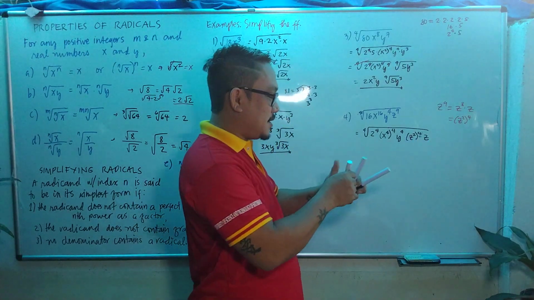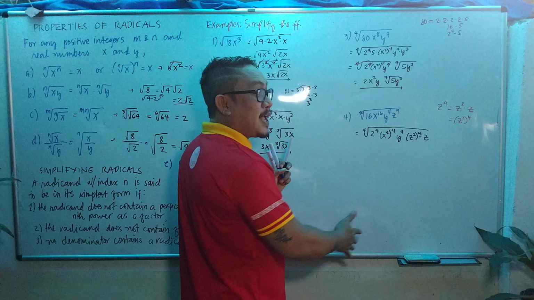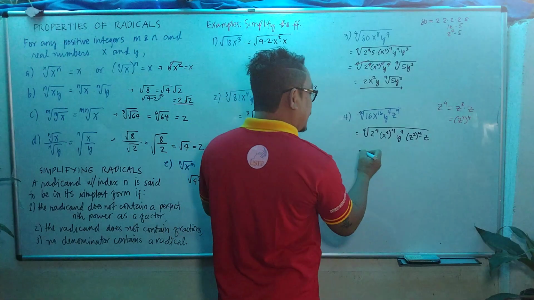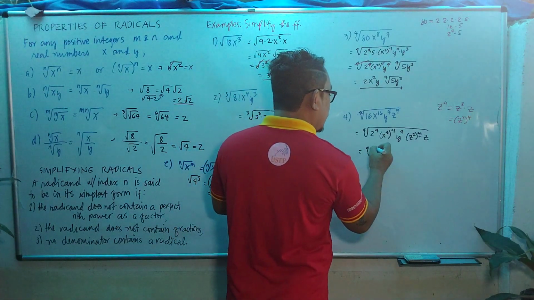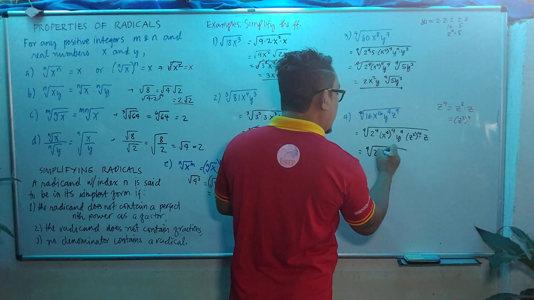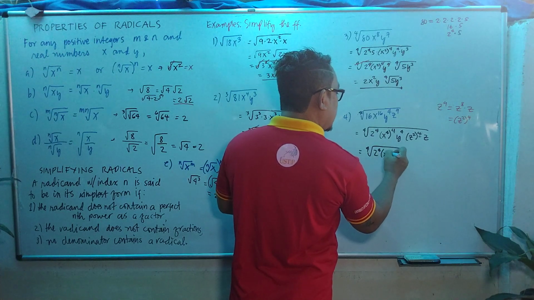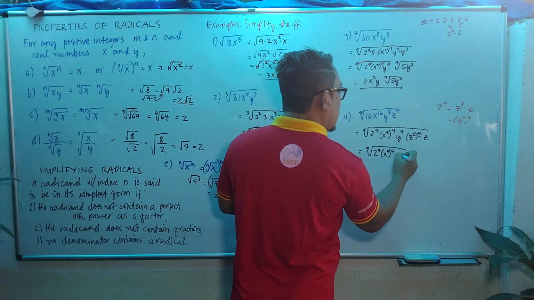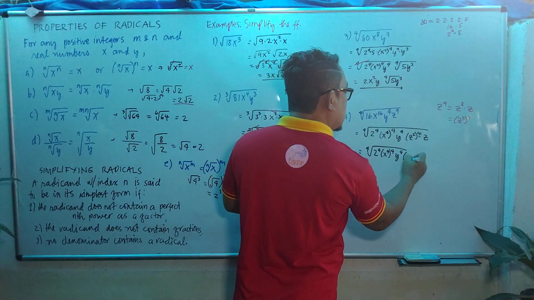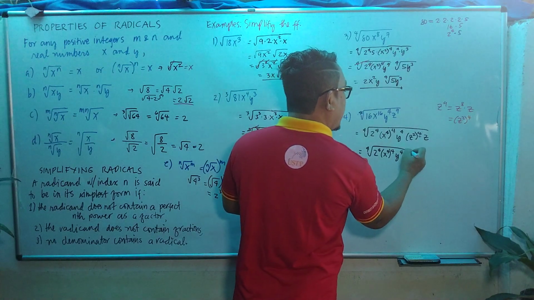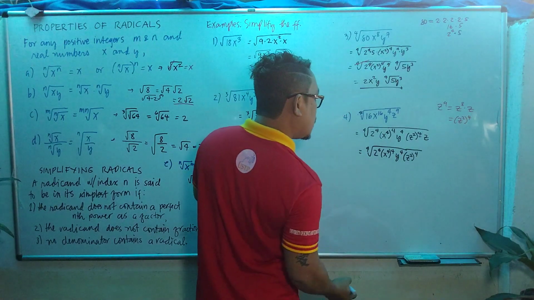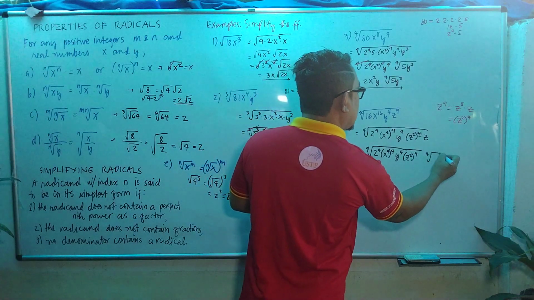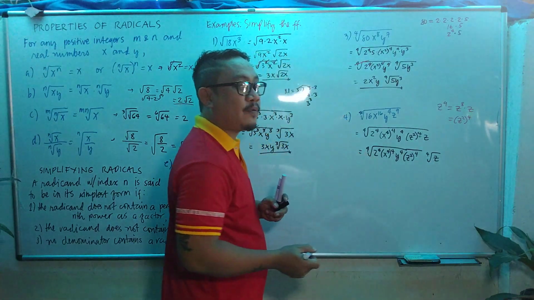Then times z. So from here, we can group them. You have the fourth root of 2 to the 4th, x to the 4th to the power of 4, y to the 4th, z squared to the power of 4, and the other, the fourth root of z, because it is not raised to the power of 4.